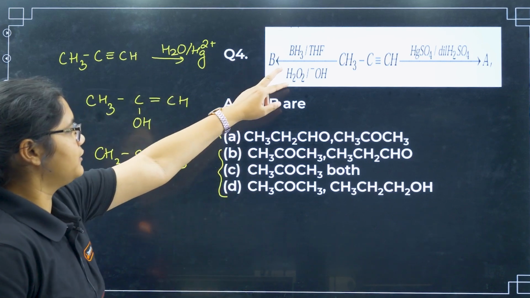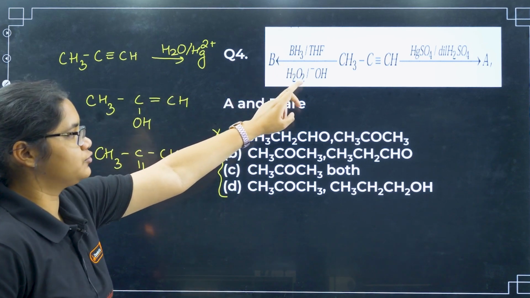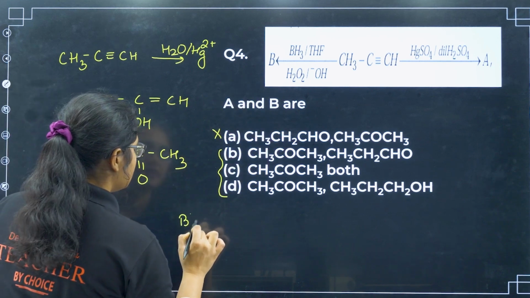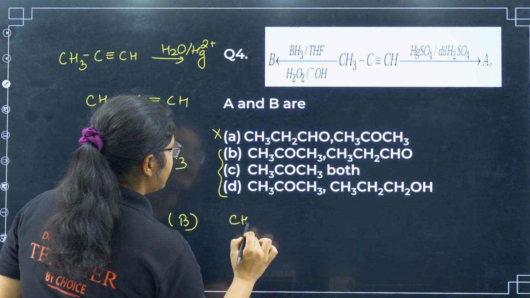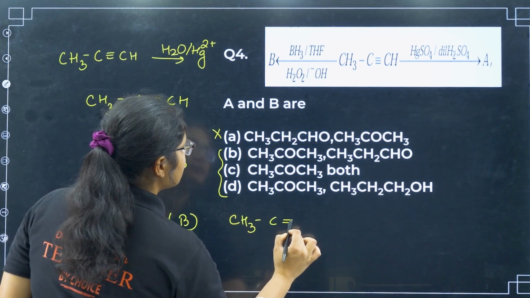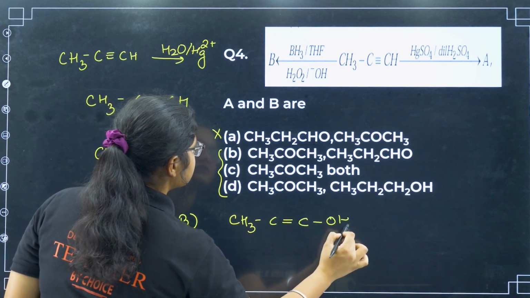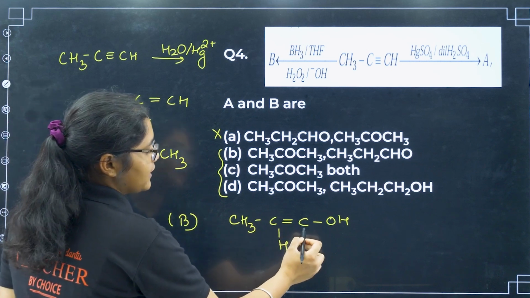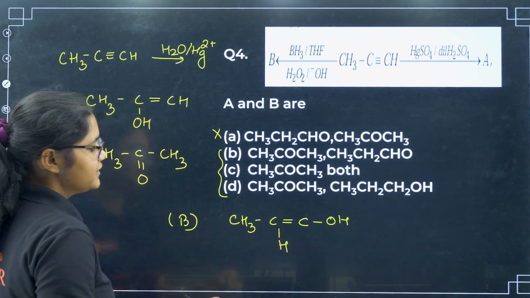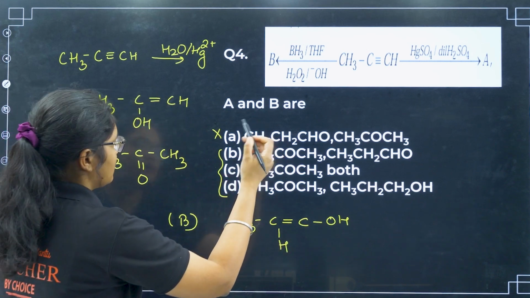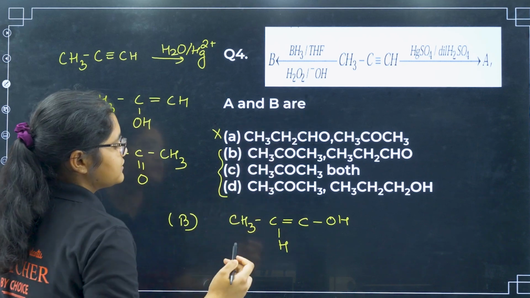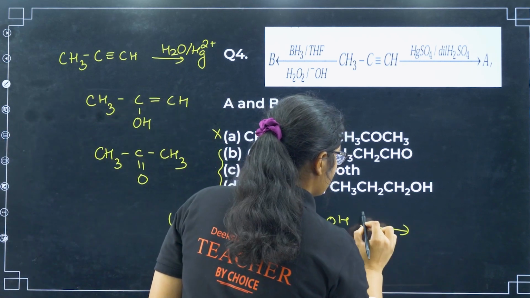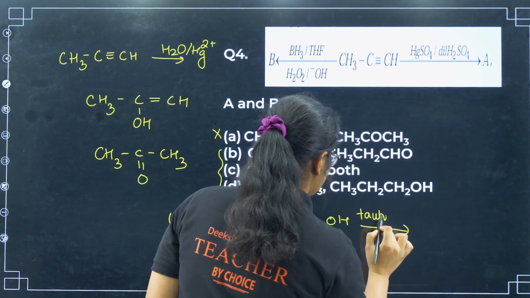Next you see this one, you are adding BH3, THF, H2O2. See, this adds water following anti-Markovnikov's rule. So what is B here? I will get CH3, C double bond C, OH, H. Now if you just undergo tautomerization, then what will happen?